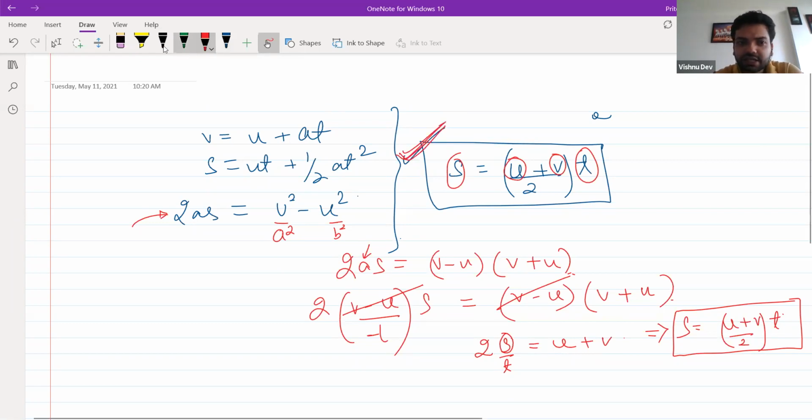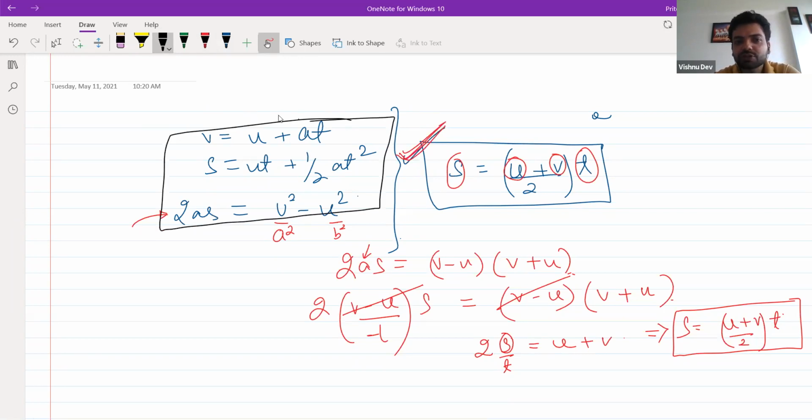These three equations are the standard equations of motion, and all the questions can be done based on them. But this is also an alternative one. We can remember this as well. It's up to you. Even if we do not remember this, we will still be able to do the questions because we derived this equation from these equations only.